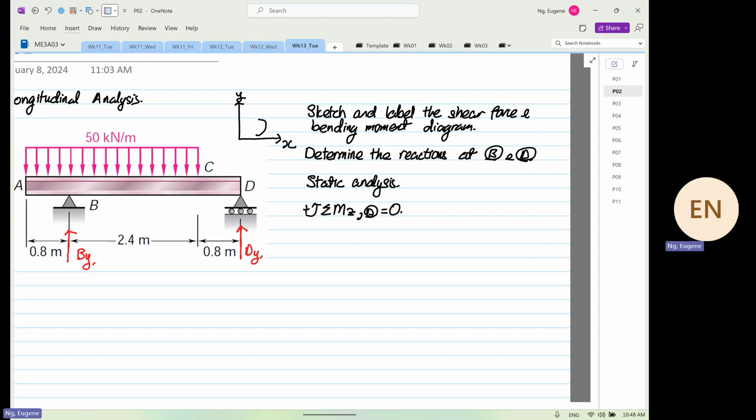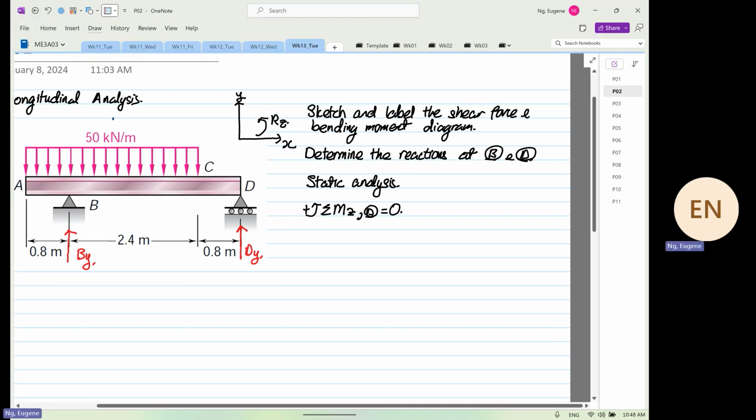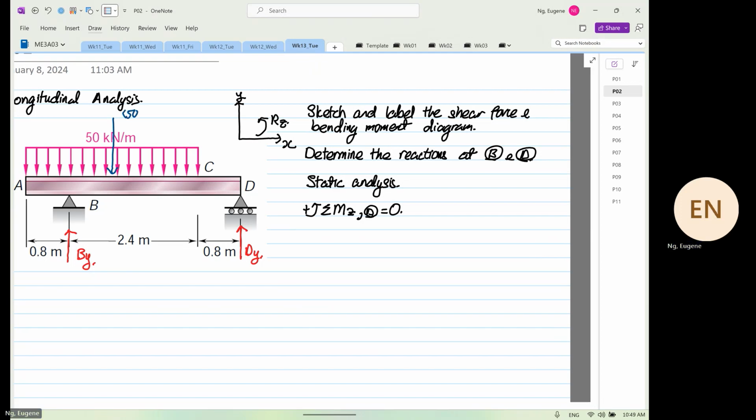Y, and over here, this is our rotation about Z. Okay. So first of all, we have to determine our equivalent load on the distributed load. So this is our equivalent load, and this is equal to 50 times 10 to the power 3 multiplied by 3.2.